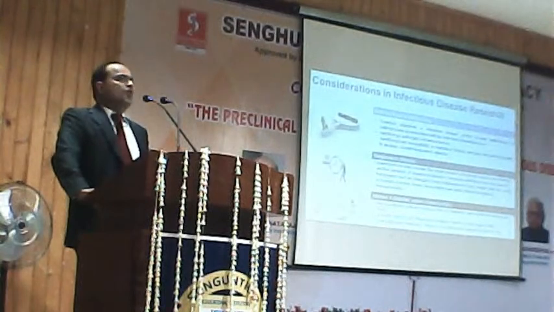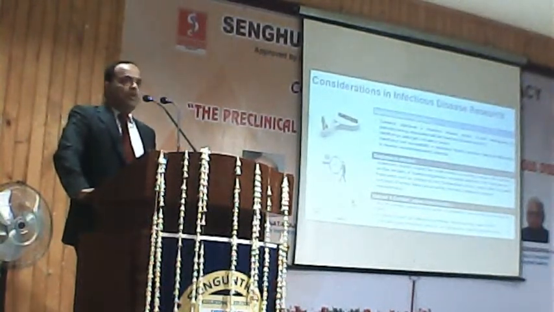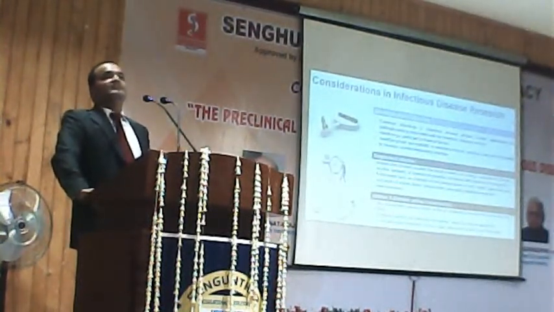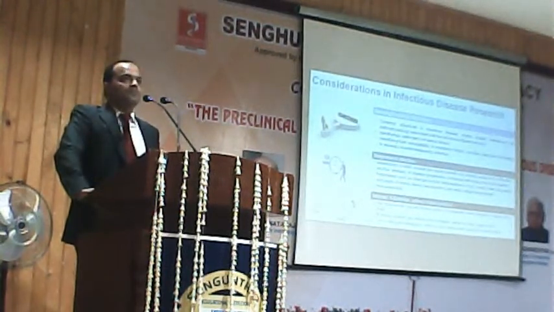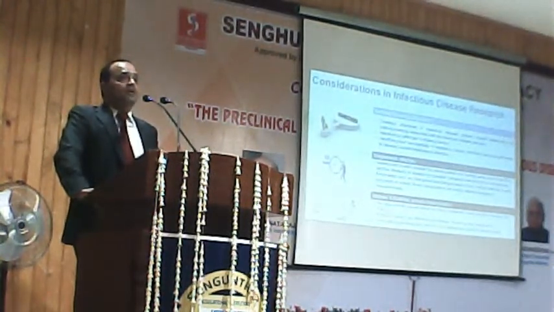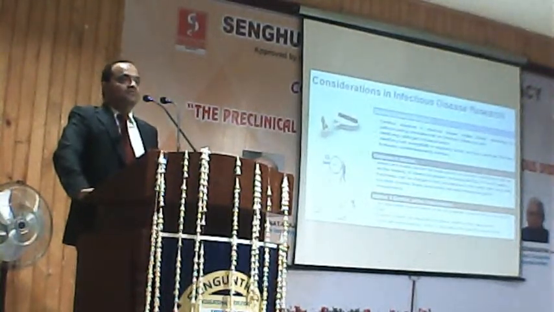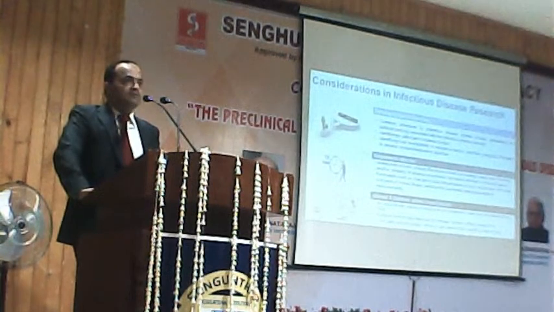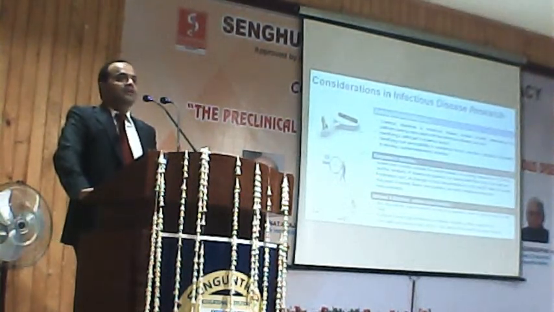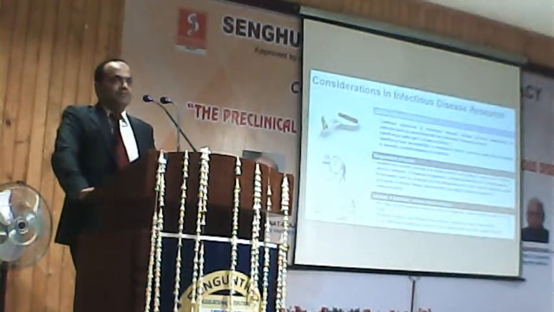Based on their objectives, we have to select the animals. So we need to have a thorough knowledge of infectious diseases, the pathogens, and the animal models, and accordingly, whatever objective you have, you select the animal.